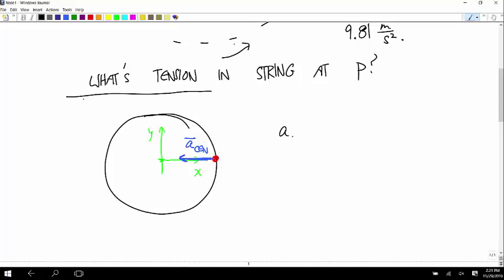Negative, so centripetal acceleration is negative v squared over r for the x component, 0 for the y component. And we know v is 10 meters per second, and we know r is 0.3. So 10 squared is 100, divided by 0.3 is 333 and a third. And so this is negative 333.3 repeating, 0.